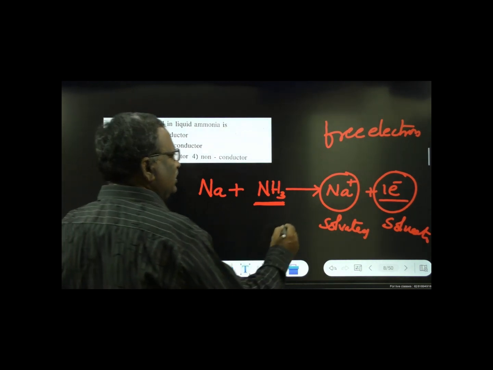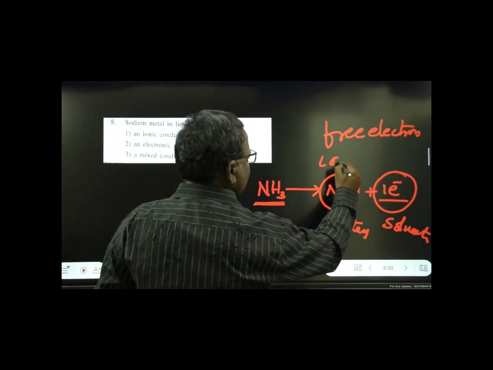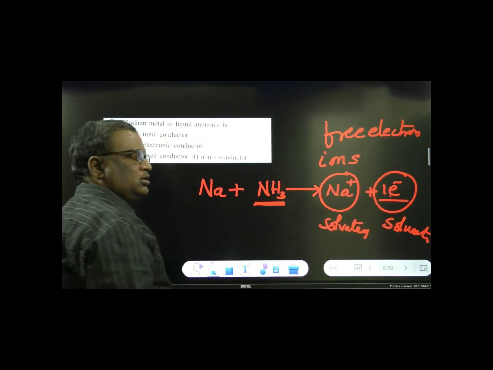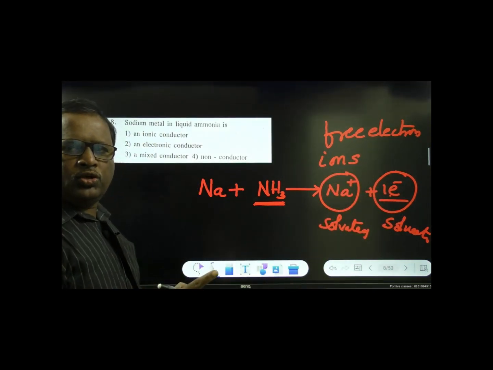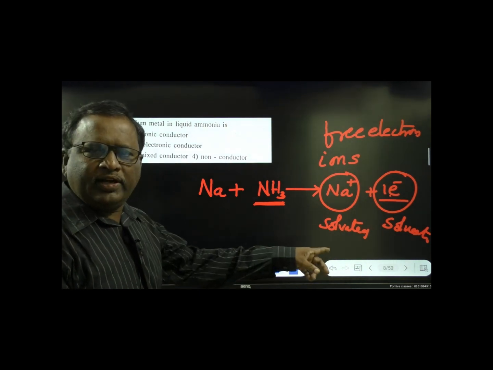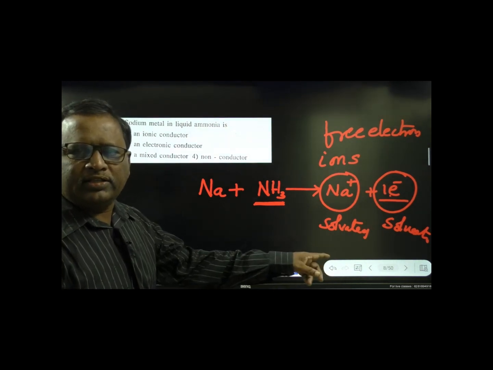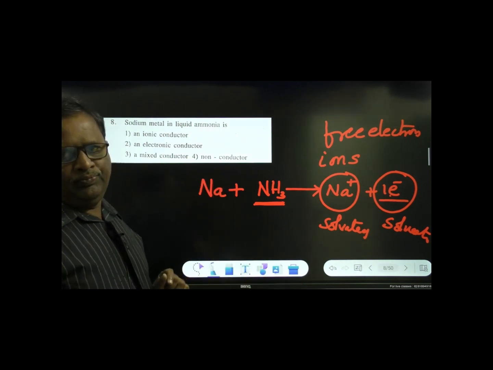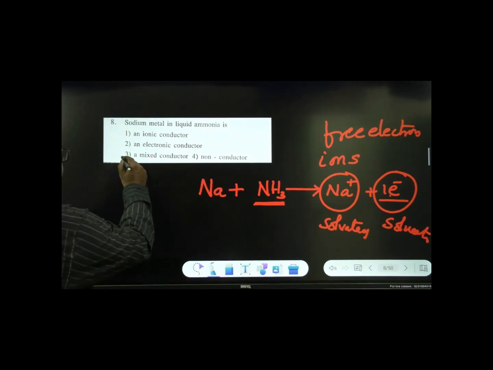So, here ions are also conducting electricity. Due to the availability of free electrons, electrons also conduct electricity. Due to the availability of free solvated ions, ions also conduct electricity. So, sodium in liquid ammonia will be a mixed conductor.